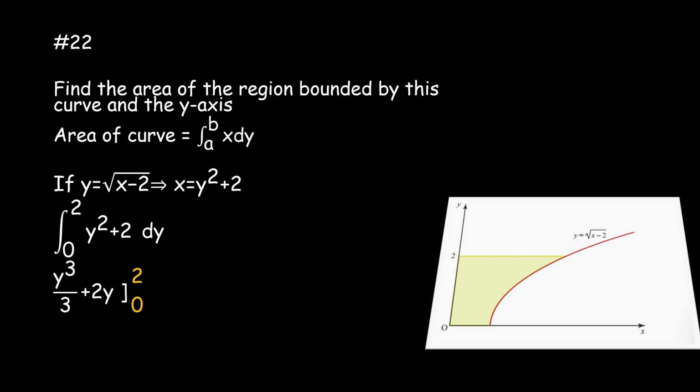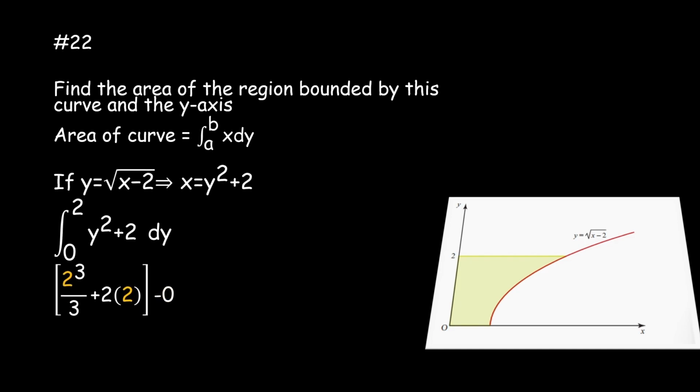Substituting 2, you have 2 cubed over 3 plus 2 times 2. But if you substitute 0, everything's going to cancel down to 0, right? Okay, working this out, you'll have 8 over 3 plus 4, and this will give us 20 over 3 square units.